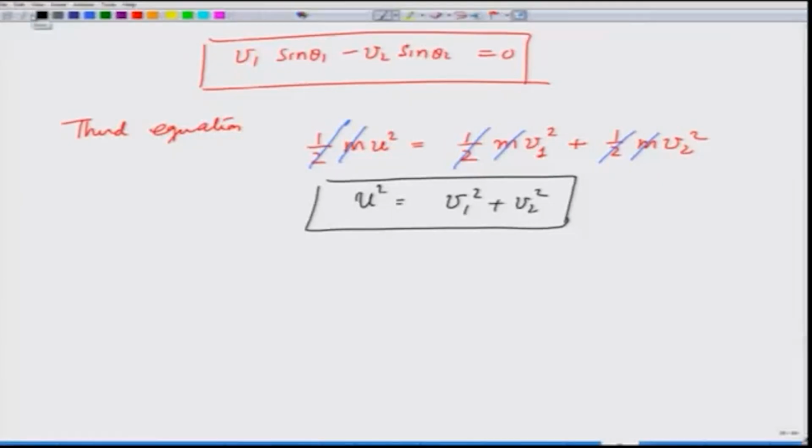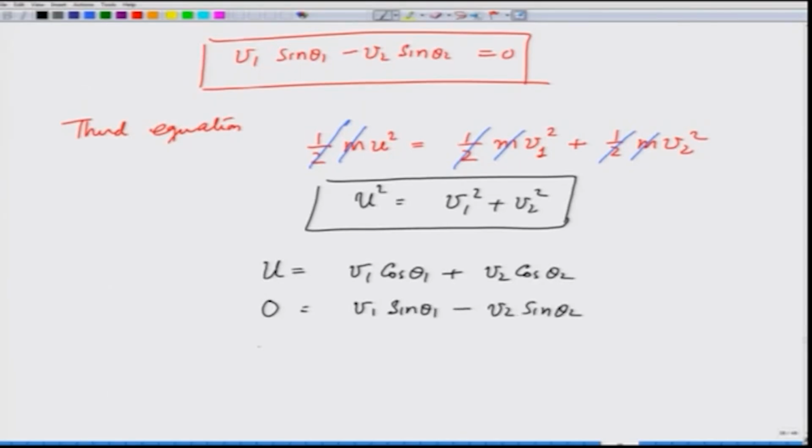So, three equations I have: u equals v1 cosine of theta 1 plus v2 cosine of theta 2; 0 equals v1 sin theta 1 minus v2 sin theta 2; and u square equals v1 square plus v2 square. Equation 1, equation 2, equation 3. How many unknowns are there? I have unknowns.